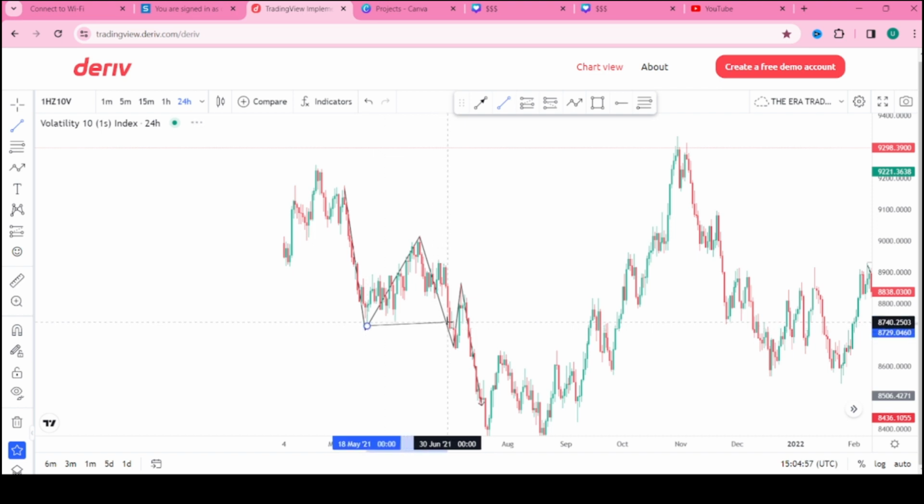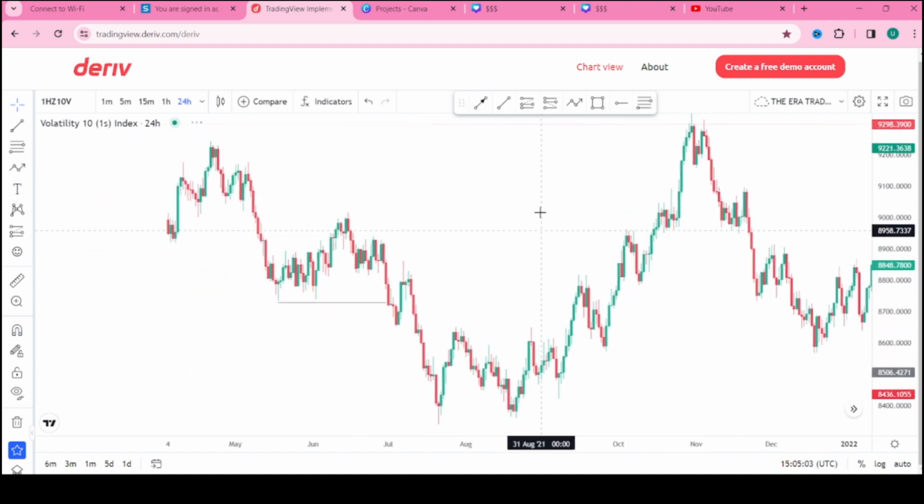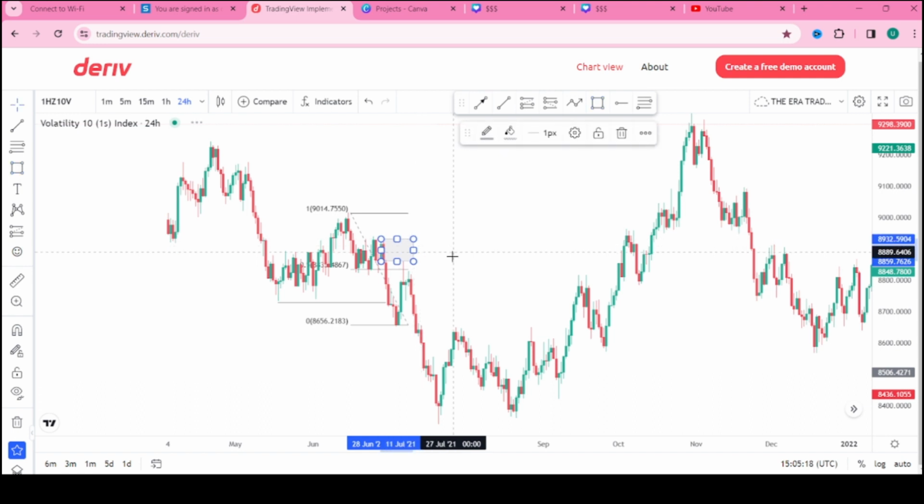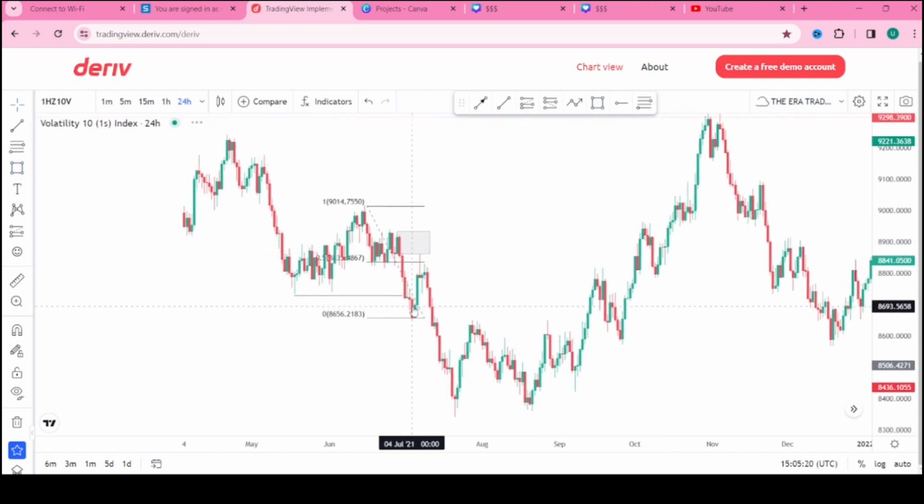When the market broke out of this structure to the downside, let's check the location. We have this swing point to this one, so our order block should be in the premium. We want to sell at premium, and the last buy candle, which is that one, is our order block.